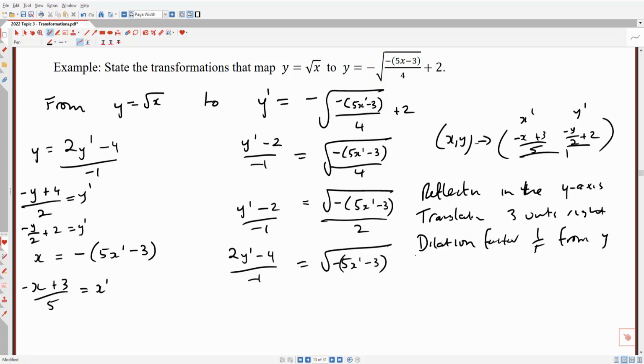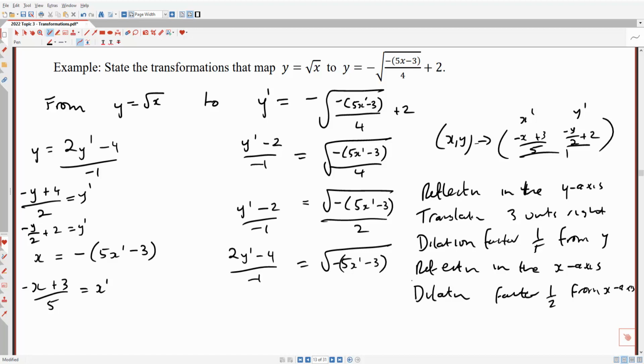Now let's go over to the y's. So y gets negated first of all, so this is a reflection in the x-axis. This is a dilation factor half from the x-axis.